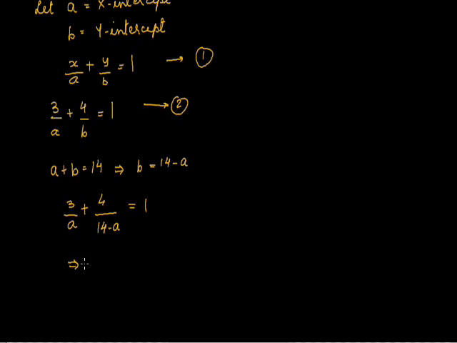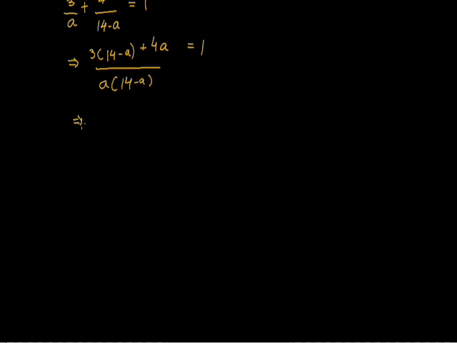Now by taking LCM, I'll get 3 times 14 minus A plus 4 times A upon A into 14 minus A is equal to 1.